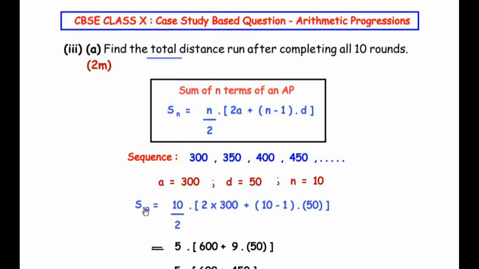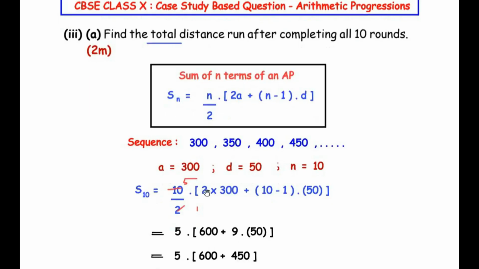So S10 is equal to 10 over 2 times 2 multiplied by 300 plus 10 minus 1 times the common difference 50. Now 10 and 2 go in the table of 2. That is 2 1 times is 2 and 2 5 times is 10. So simplifying this we get 5 times 2 times 300 is 600 plus 10 minus 1 is 9 times 50.